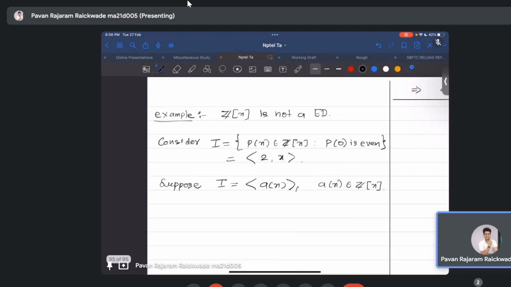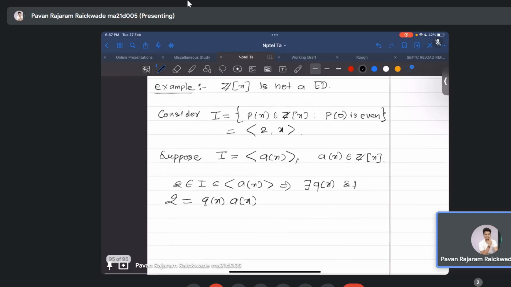So what do you know is 2 belongs to I, right? Hence it belongs to the ideal generated by a(x), which implies there exists a polynomial q(x) such that 2 equals q(x) times a(x).